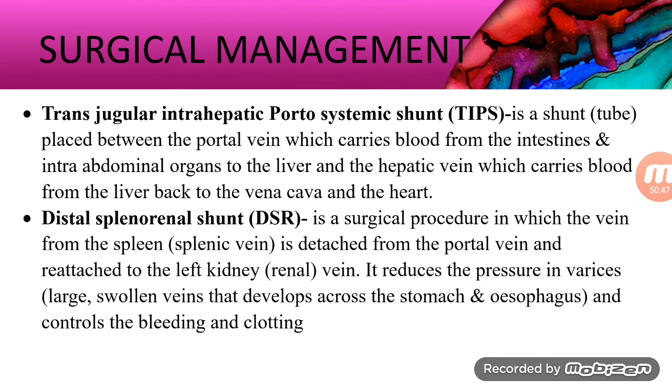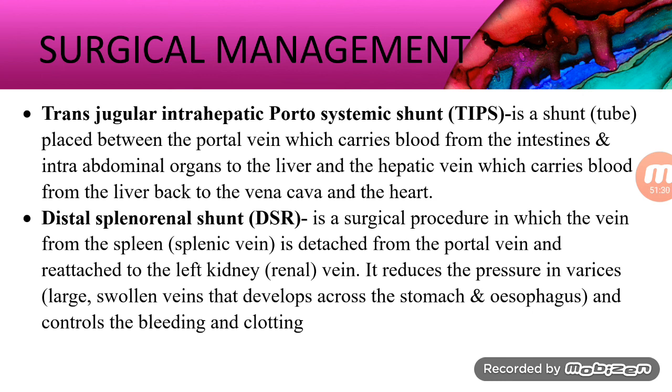That is a shunt. The transjugular intrahepatic portosystemic shunt is also one type of shunt, placed between the portal vein and the hepatic vein. As I already said in pathophysiology, there is obstruction in the blood flow inside the liver, so due to the obstruction, this shunt is needed between the portal vein and the hepatic vein.